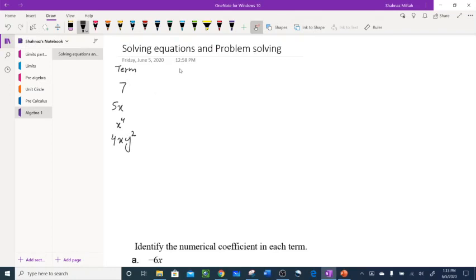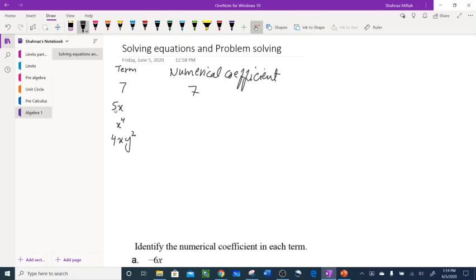So let's figure out the numerical coefficient. I'm going to figure out which ones are numerical coefficients. Now 7 is a numerical coefficient. A coefficient of a term is the numerical factor, like a number. That's a coefficient.